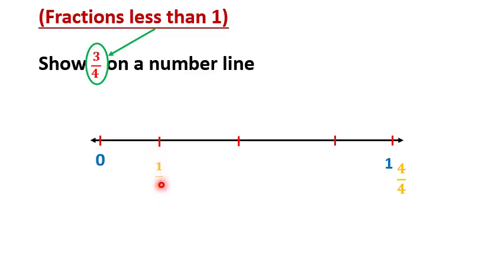Now I have to write a fraction for my second part. This is my second mark on the number line, part 2. So two parts. So my numerator will be 2.